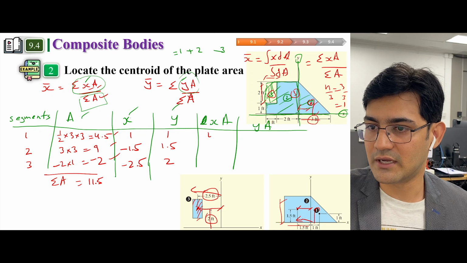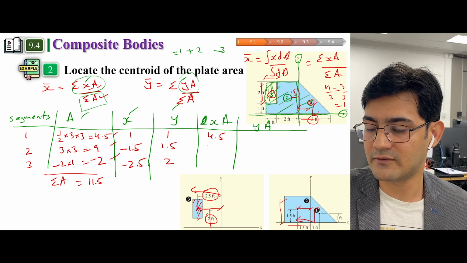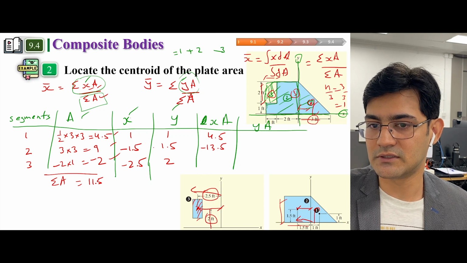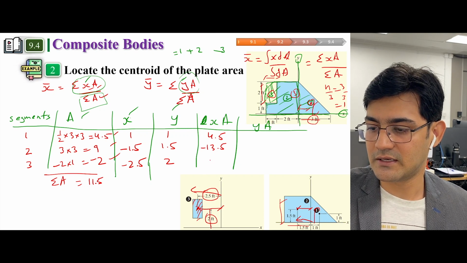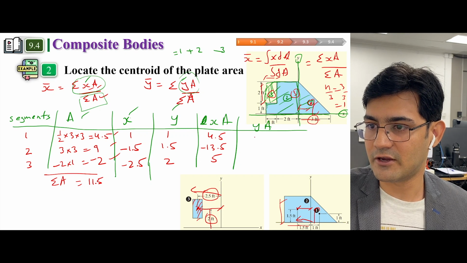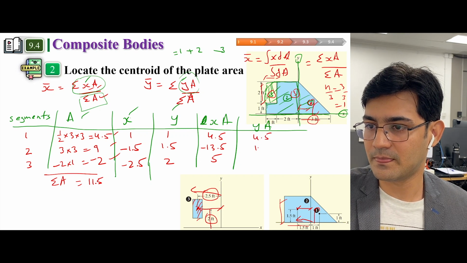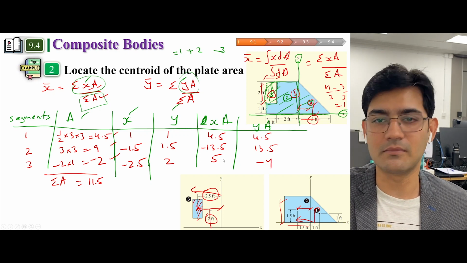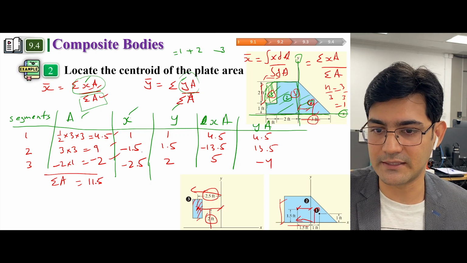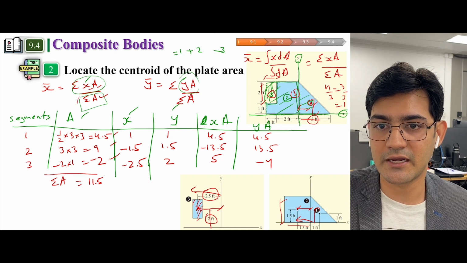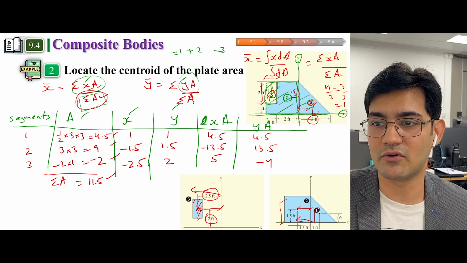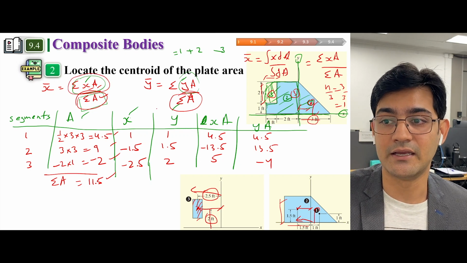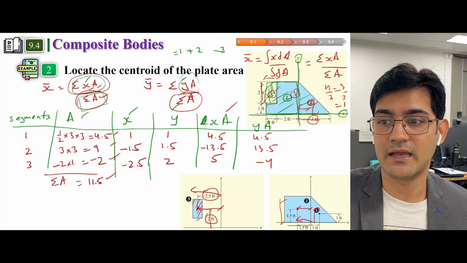So if we do that, we will get 4.5, 13.5, which is negative, and then you have 5, and for y also 4.5, 13.5, and minus 4. Now it will become clear why I am multiplying these things, because I am interested in calculating summation of a, which I have already calculated, and summation of xa. So first we'll calculate xa and then we'll do the summation.